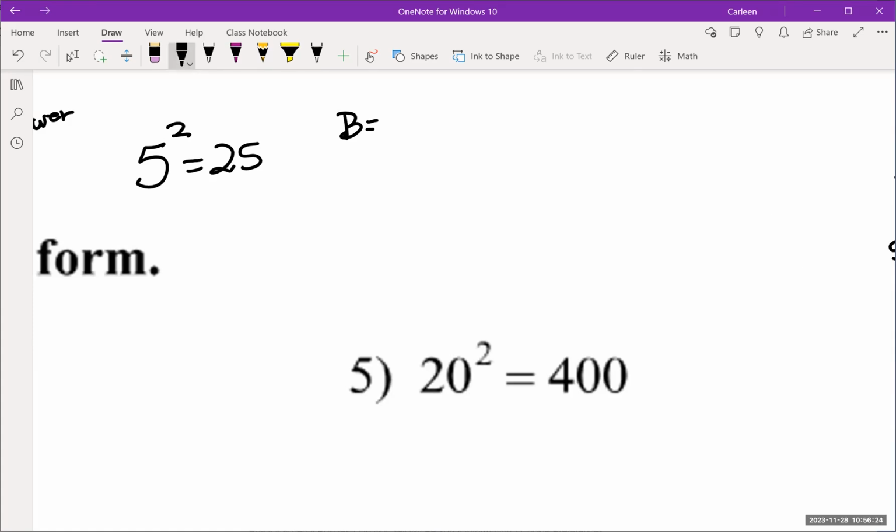The base is 5. What is the exponent that I'm calling x? 2. What is the answer? 25.